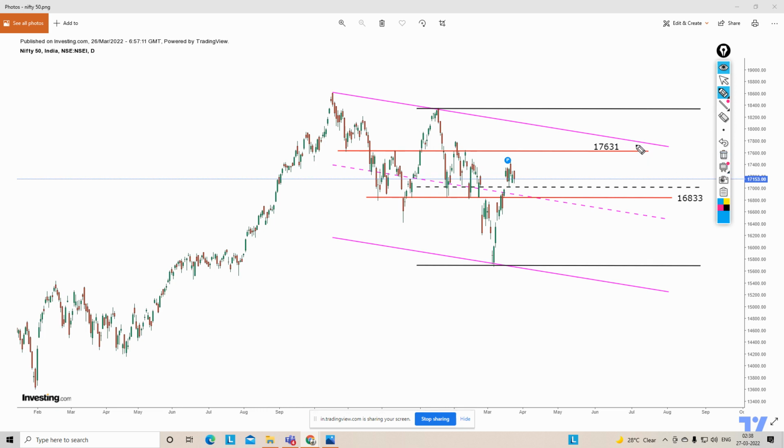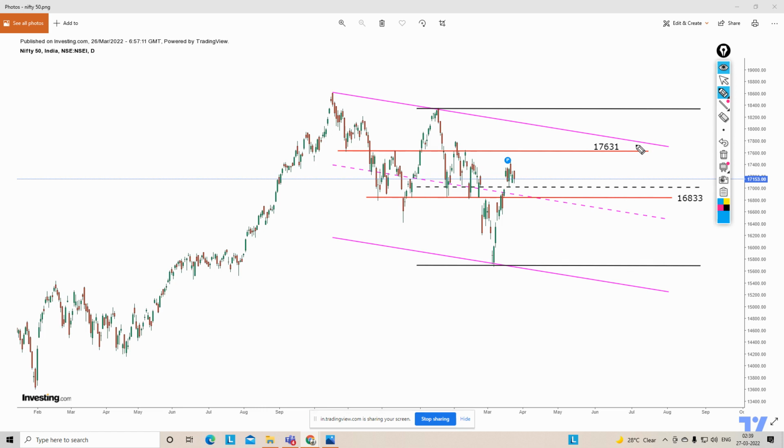But if it is closing above 17,631 or it is about to touch 17,631, and you see the markets are getting overbought or the IVs are going high, then it is time to stay cautious, right? So let's be very, very sector specific and stock specific for some time. Let both the indexes club together and show us the same character, because for a trending market we need the support of both the indexes, right?